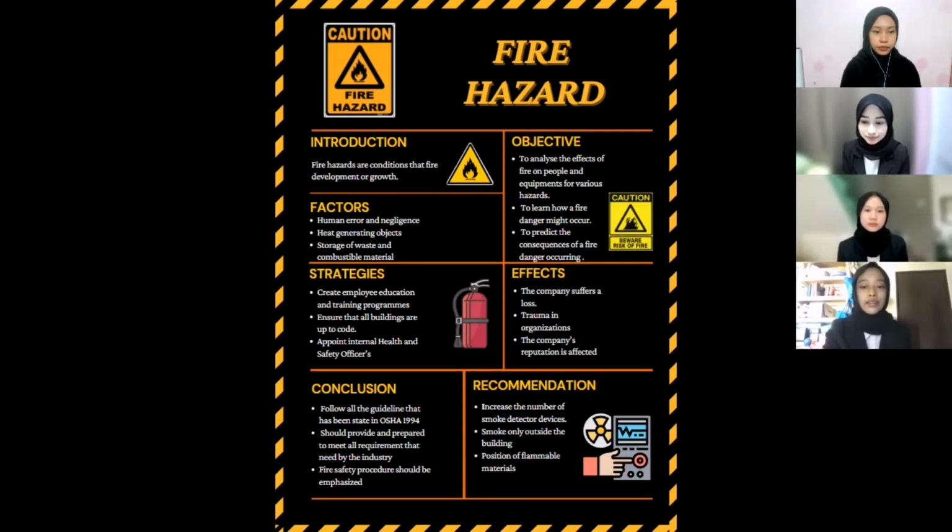Other than that, in order to reduce the risk of fire hazard in the workplace, the fire safety procedure should be emphasized. Fire safety is the arrangement of practice and plans to lessen the destruction brought about by fire. Fire safety measures include those that are expected to prevent the start of an uncontrolled fire, and those that are used to restrain the development and effects of a fire after it begins.